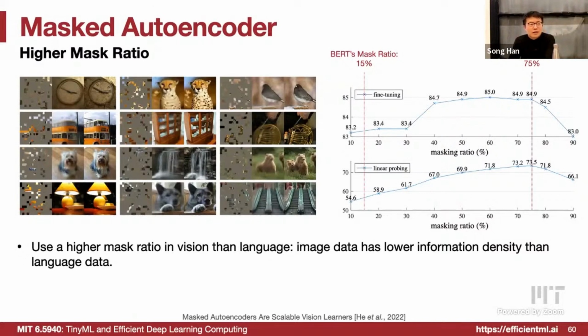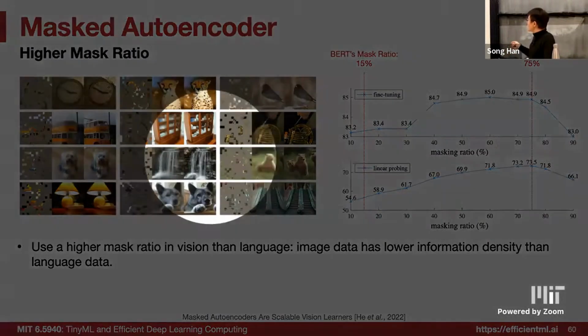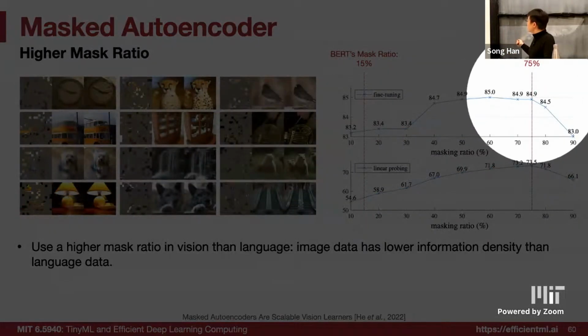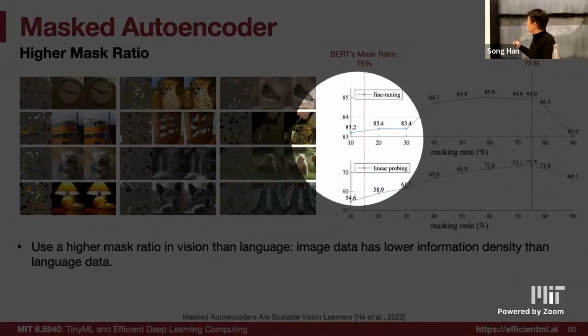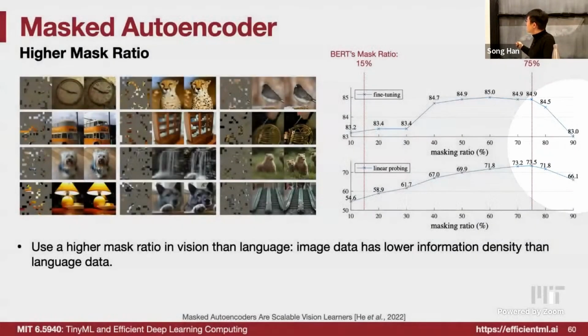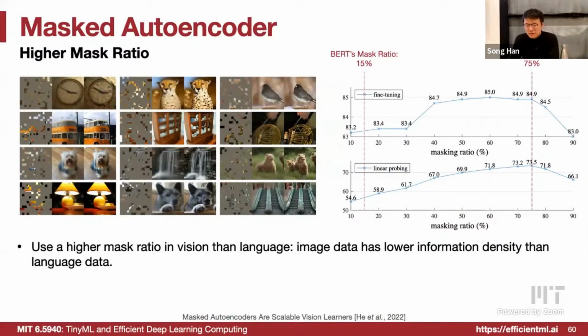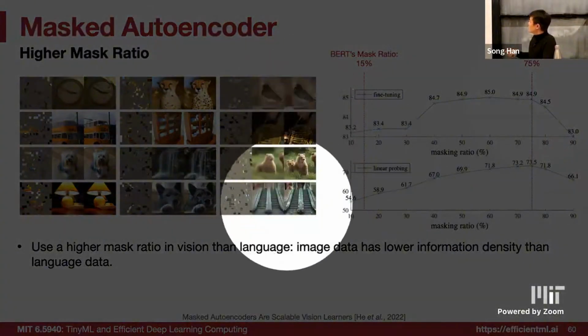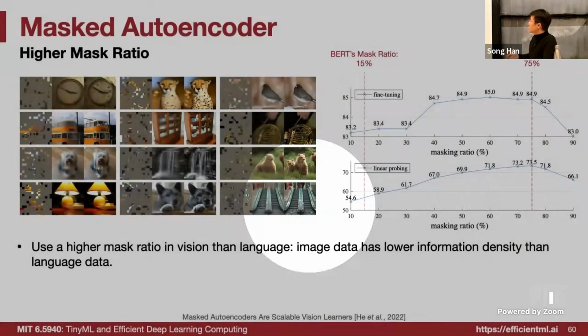We cannot mask away like 99% of the pixels, right? And it turned out the mask ratio has a sweet spot at around 75%. So this is from 10%, this is 90%. The sweet spot is roughly achieved at a 75% mask ratio. You can still recover the elevator quite well.